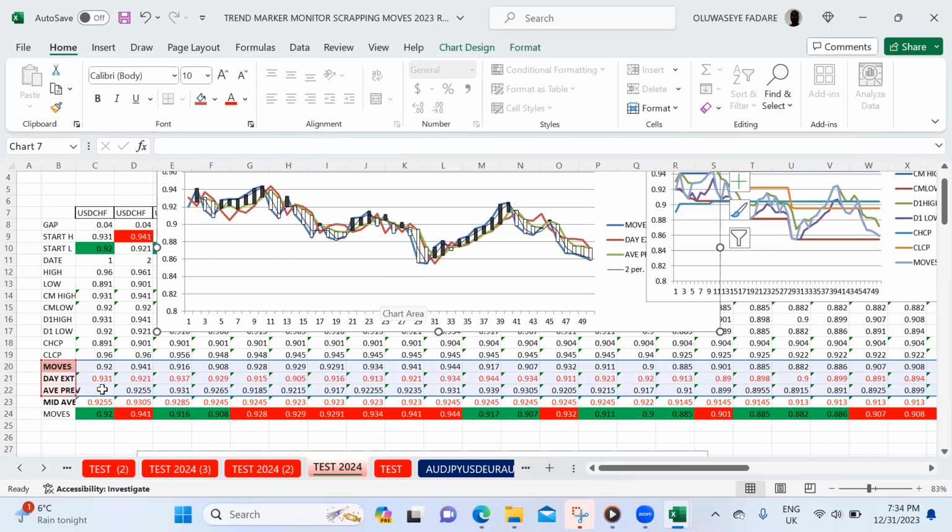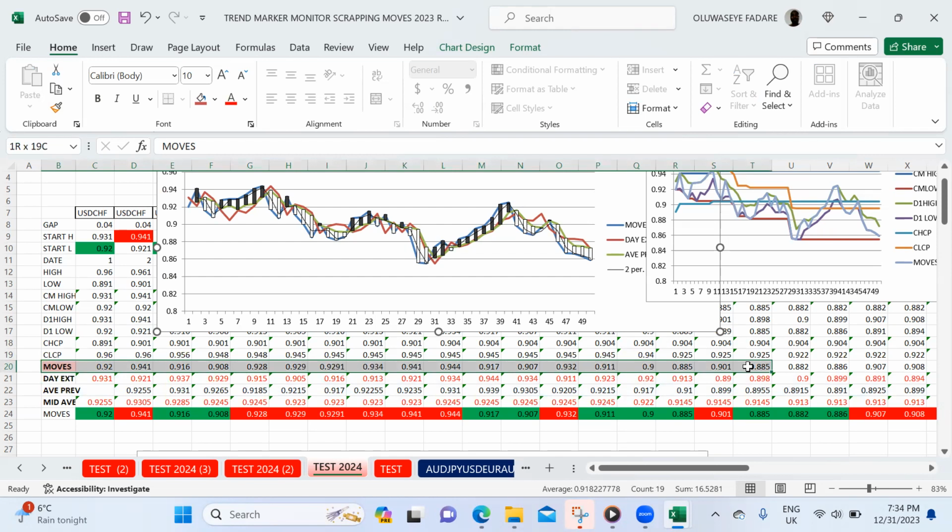Here, you can see it is on the moves, but it's also called specially a trend. Let me see how to compute it specially again. So let me try a new one.